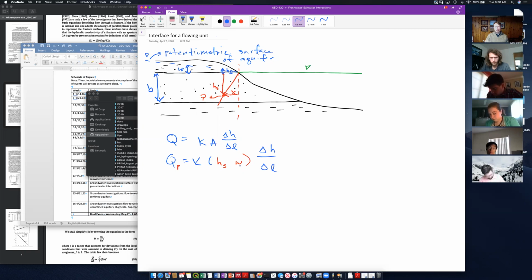And I'm going to divide by W. So I'm going to get Q prime at P is equal to K H sub S delta H over delta L. All right. Where this is Q over W.